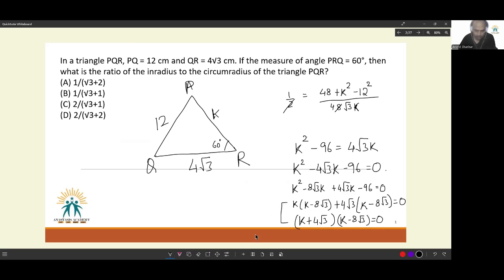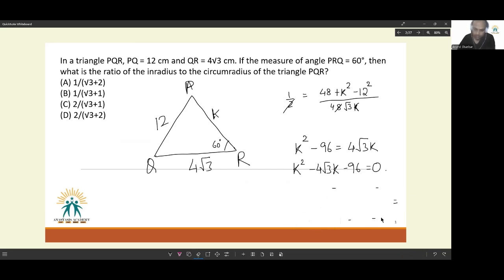Either we break it down, factorize it this way. Now, I know factorization with surds involved is not the simplest thing to do. So perhaps the most likely path that somebody would take from here is k will be equal to minus b, so 4 root 3, plus minus under root b square, which is 48, minus 4ac, which is plus 384, divided by 2.